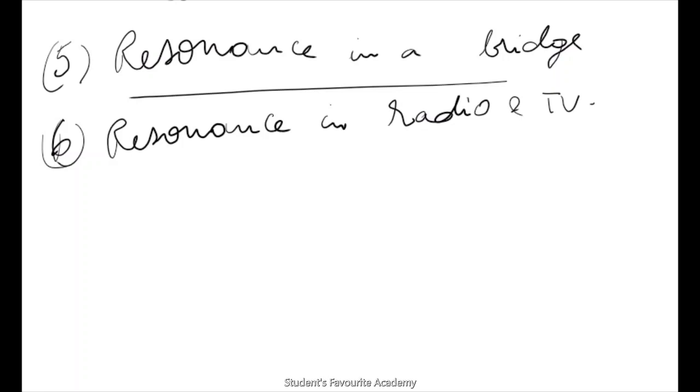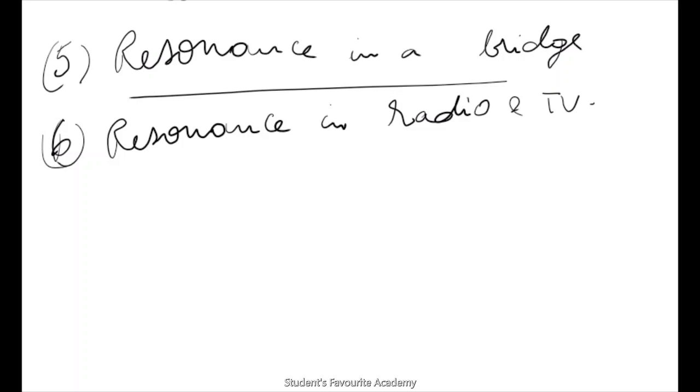Then another often asked question is, why are stringed instruments like guitar or sitar provided with a hollow sound box? Otherwise, only the stretched string cannot produce a large sound. That is why the air column in the sound box is adjusted in such a way that its natural frequency is equal to the frequency of the vibrating stretched string.